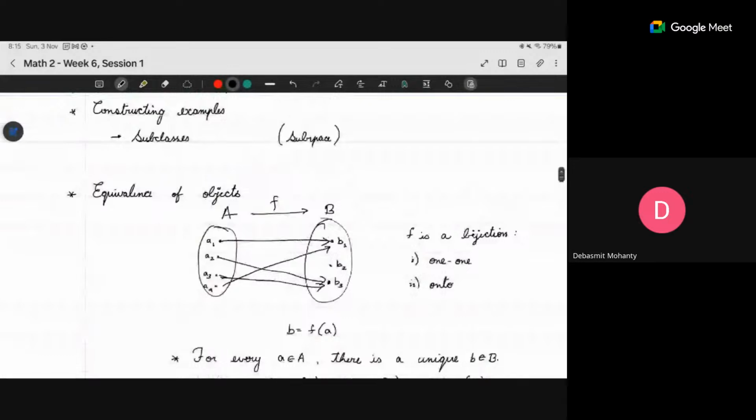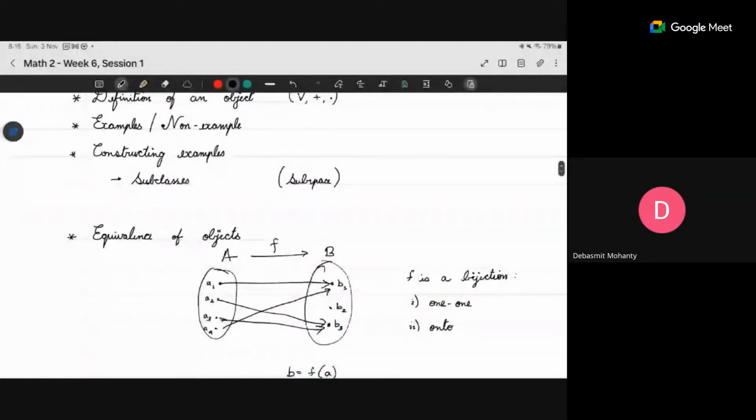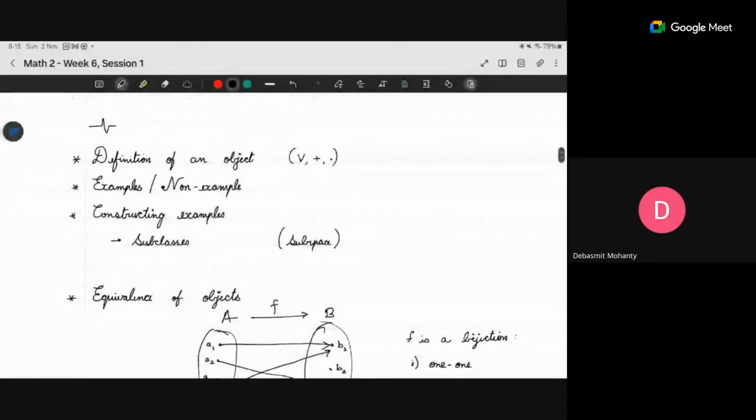So whenever you have a set with some additional structure, what is the additional structure that we have over here? We have these two operations, right? So I want that operation also to be doable in either set A or set B. Like if I'm taking two vector spaces V1 and V2, whether I do the operations in V1 or whether I do the operations in V2, it should not make a difference.